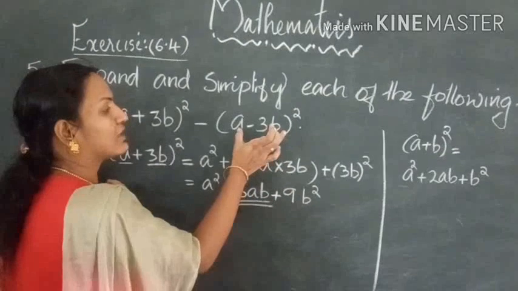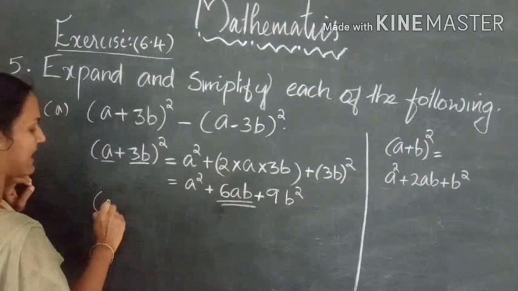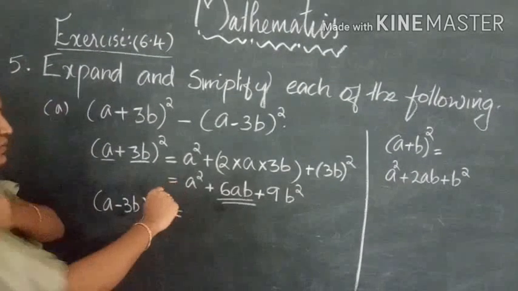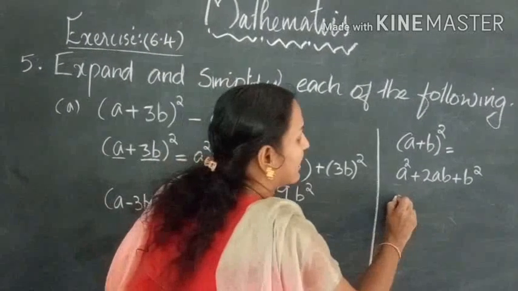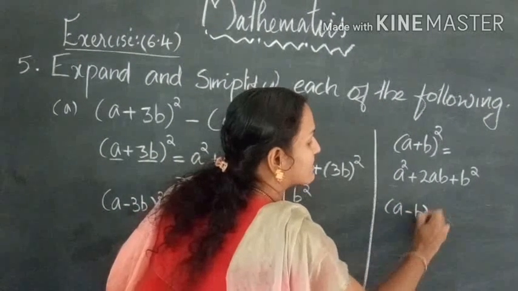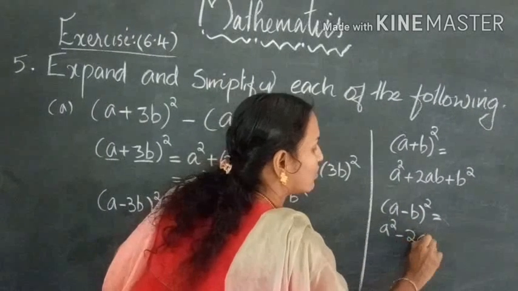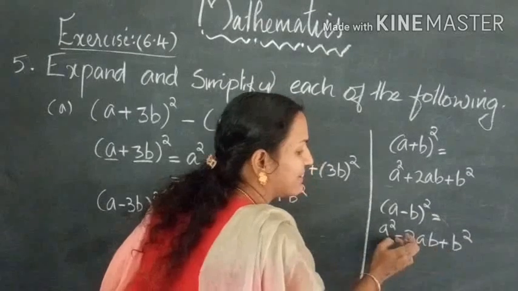Next we have to expand (a - 3b) the whole square. This is of the form (a - b) the whole square. (a - b) the whole square is equal to a square minus 2ab plus b square. That means the second term is minus.